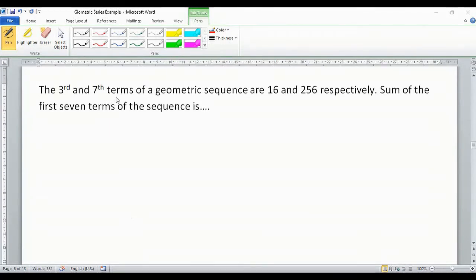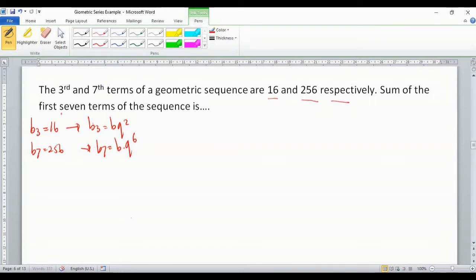The third and seventh terms of a geometric sequence are 16 and 256 respectively. So we know that B3 is 16 and B7 is 256. Okay, everyone. So from here we know that B3 equals B1 k squared and B7 equals B1 k to the power 6.